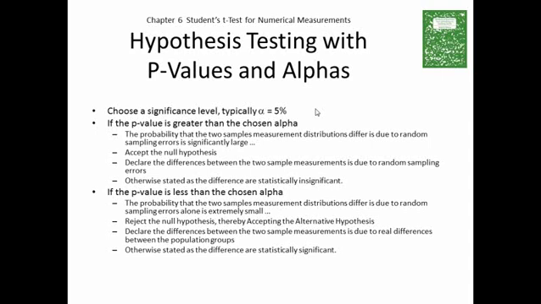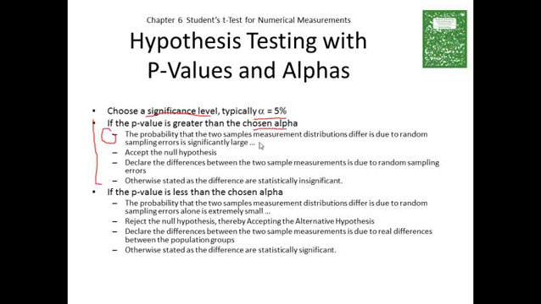So now we're going to put the p-value and the alpha together in the hypothesis test. Okay? Typically we'll choose a significance level of about 5%. If that p-value is greater than our chosen alpha, the p-value, remember, that's the probability the differences are due to random sampling error, it's larger than our chosen significance level.